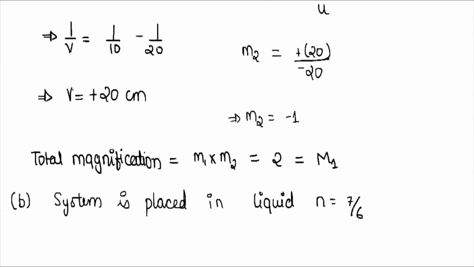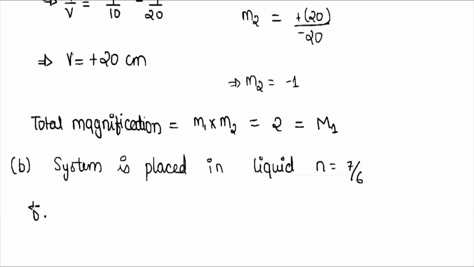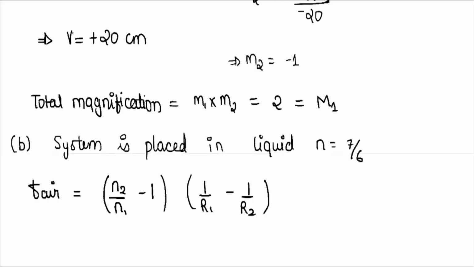Now what we do here, we use the lens maker's formula. So for the first lens, we can find f in air. It will be n2 by n1 minus 1, into 1 by r1 minus 1 by r2. We don't know the values of r1 and r2, and we have nothing to do with them.